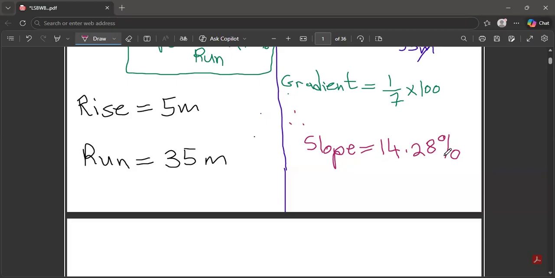So we are saying that we can also write 14.28% as a ratio 1 in n. So we are just going to do that now real quick.